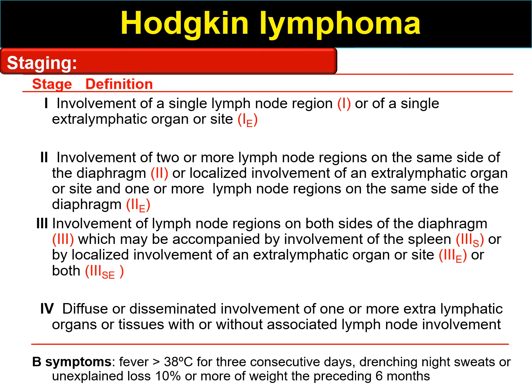When it is also associated with involvement of an extralymphatic organ or site, it is 3E, or when the spleen and extralymphatic site both are involved, it is 3SE. The diffuse or disseminated involvement of one or more lymphatic and extralymphatic sites is termed as stage 4.